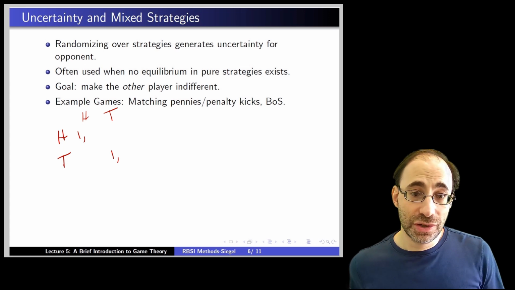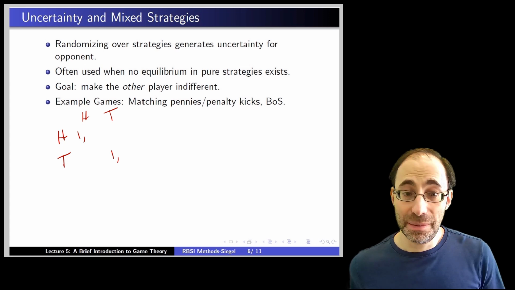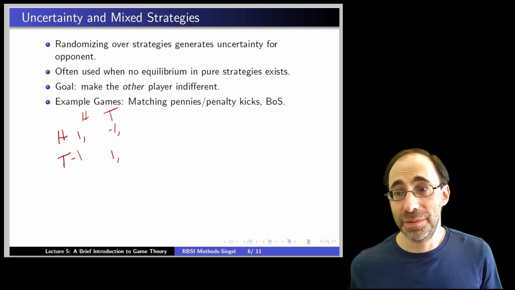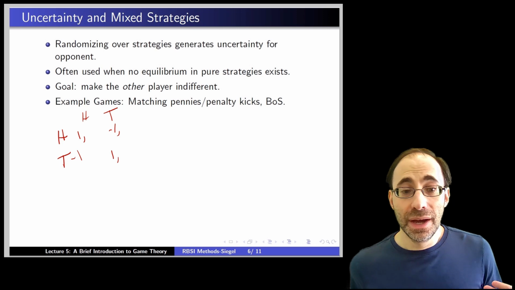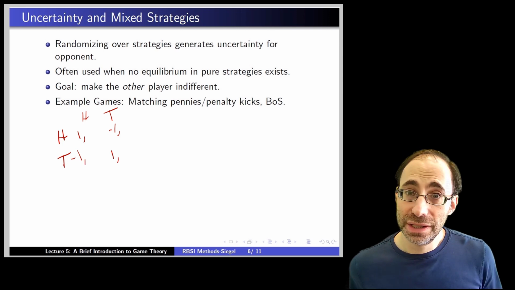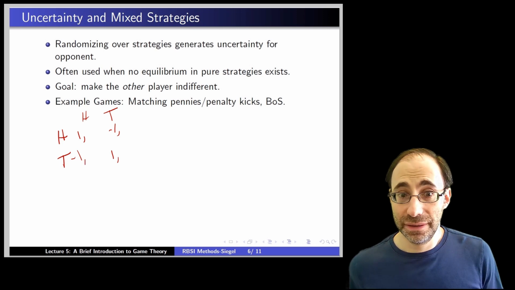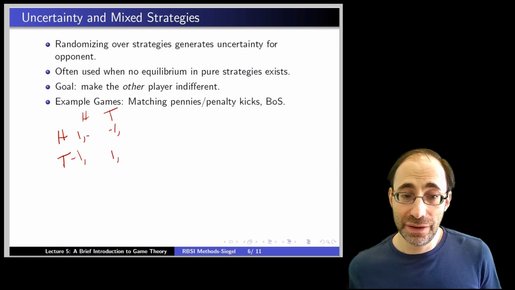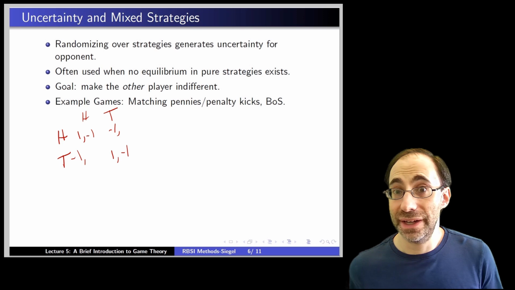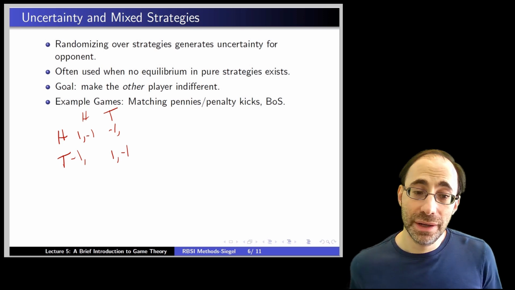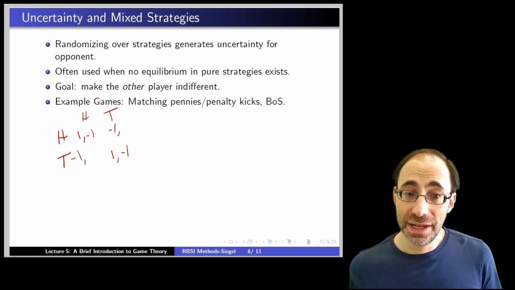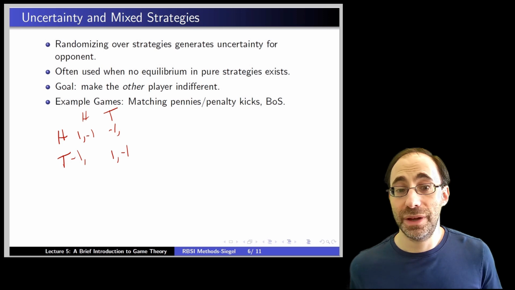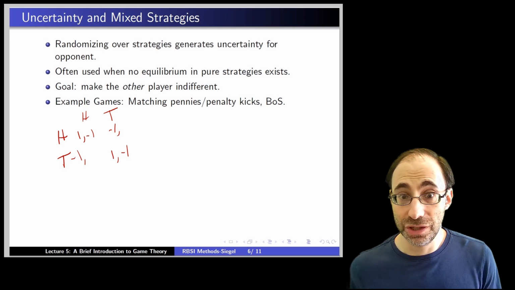When player 1 does not manage to defend, player 1 gets -1. And again, the negative, I could put 0, it doesn't make much of a difference. Player 2, in contrast, wants to do the opposite. So in this matching pennies game, if they both have heads, player 2 gets a -1 for having the same. Or both tails, a -1. Player 2 in this case gets a 1 when player 2 does not match player 1's strategy.